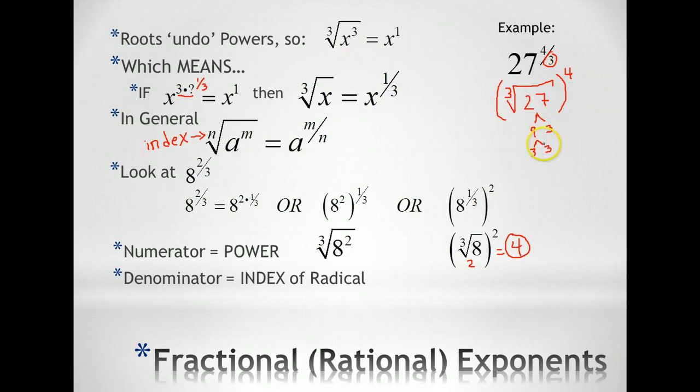So I have 3 3's in there. So the cube root of 27 is 3. And so I just need to know what 3 raised to the 4th power is. 3 times 3 is 9. Times 3 is 27. Times 3 is 81. So 27 raised to the 4/3 power is 81.